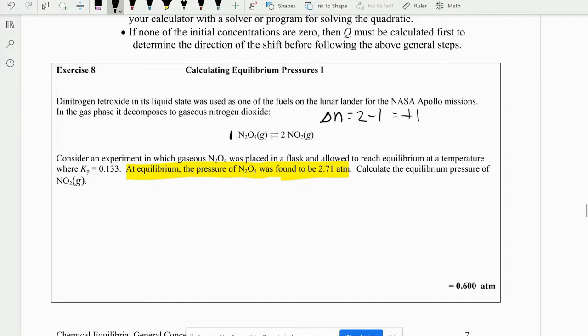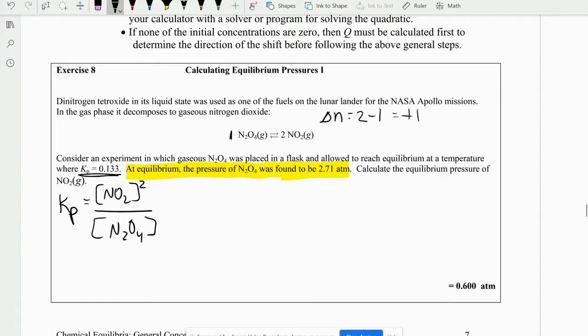All right, so let's go ahead, and I noticed that they gave me the Kp is 0.133. In this particular case, if you're ever confused, the first thing you should do is always write the equilibrium expression. We know that the equilibrium expression would be Kp, and then it would be products as in our numerator raised to the exponent of our coefficient, and then here is our denominator.